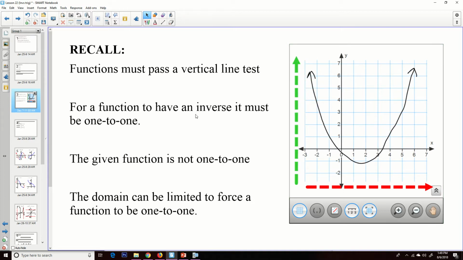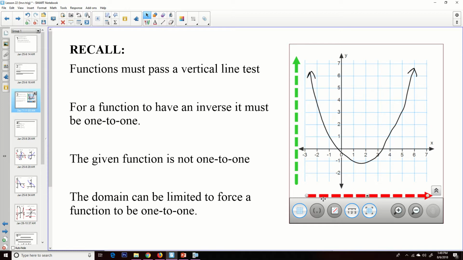But a parabola is not one-to-one, so it won't have an inverse as it is written. Clearly, for any one y value, there are two x values, and therefore, as it is drawn, this function does not have an inverse.